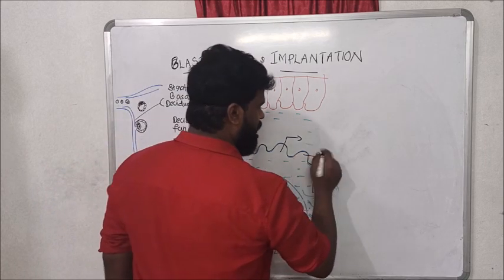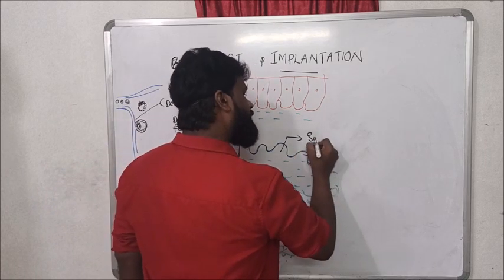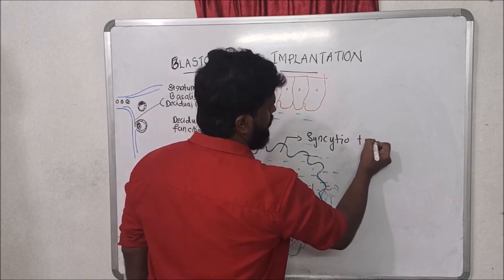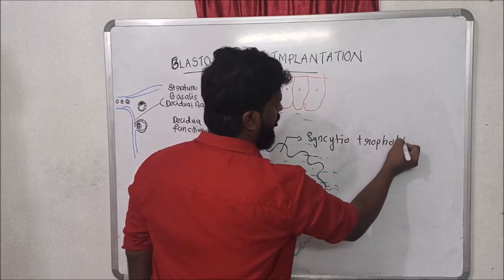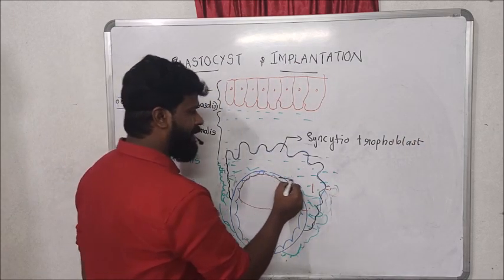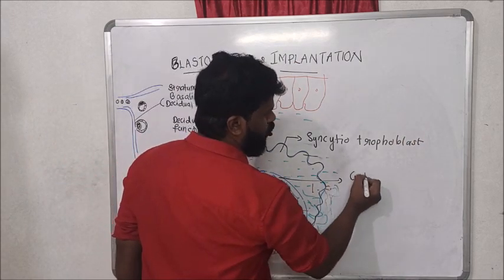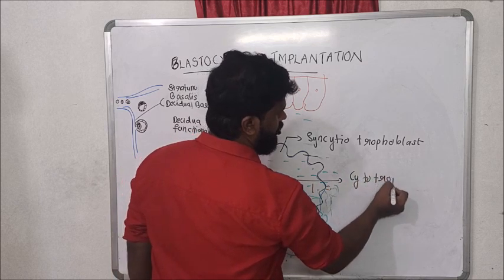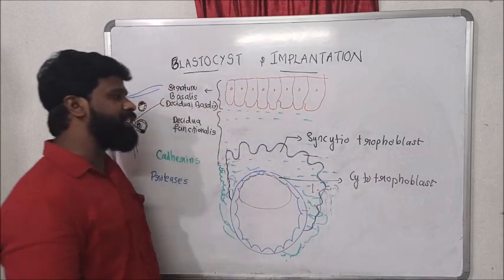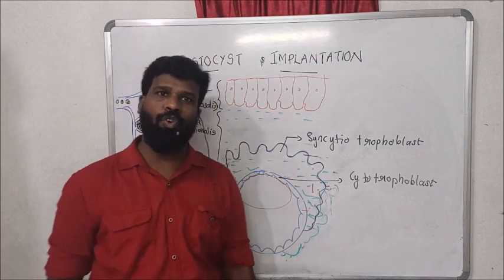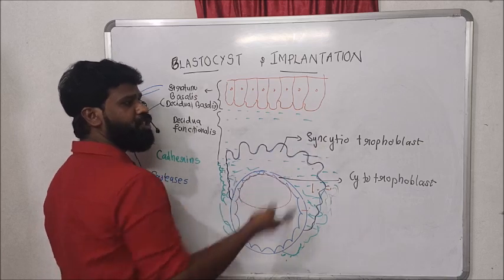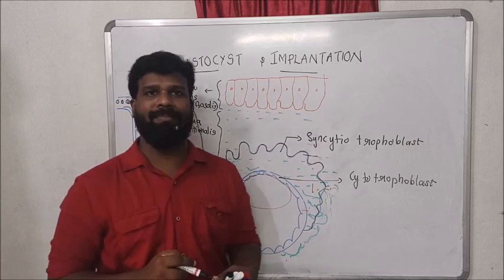They are the syncytiotrophoblast and the cytotrophoblast. So the cells of the trophoblast split to form syncytiotrophoblast and cytotrophoblast.